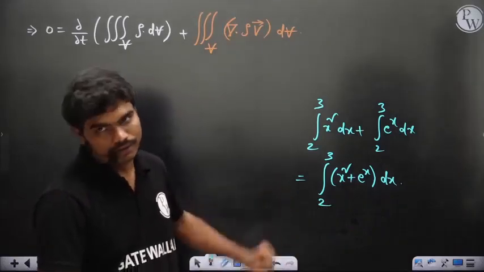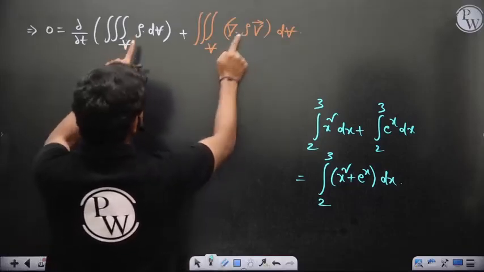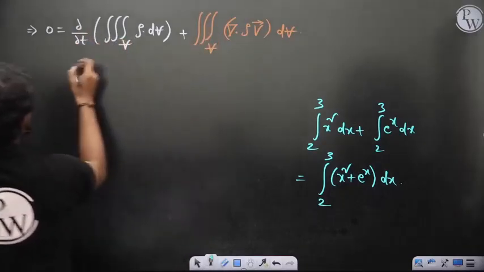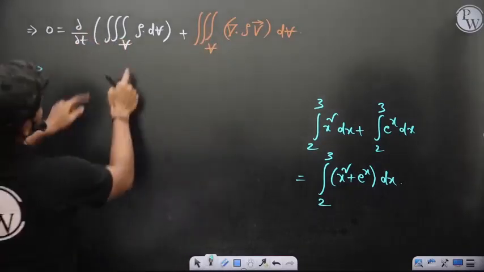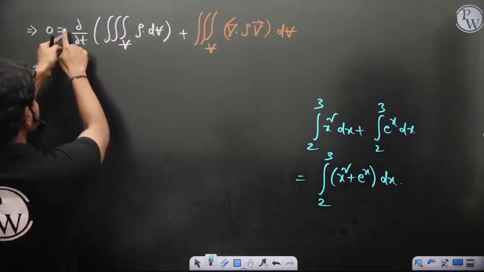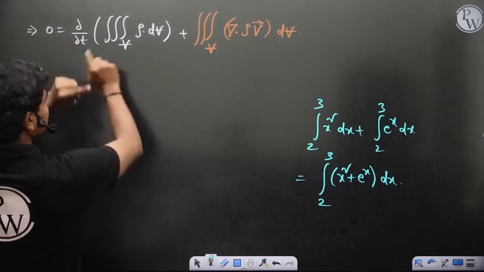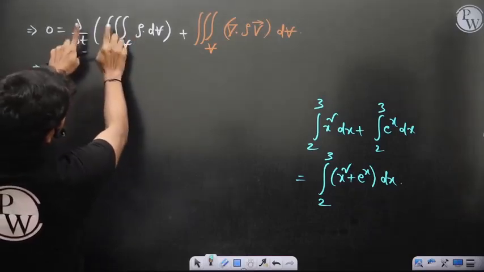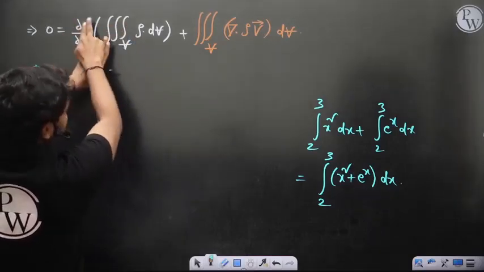Okay, now ये दोनों टर्म्स का इंटीग्रेशन सेम वॉल्यूम पे है. ठीक है, so I can write this as, और यहां एक और चीज, you can change this integration and differentiation. Okay, because this is with respect to time and this density can change with respect to time. So basically you can interchange this differentiation and integration, doesn't matter.